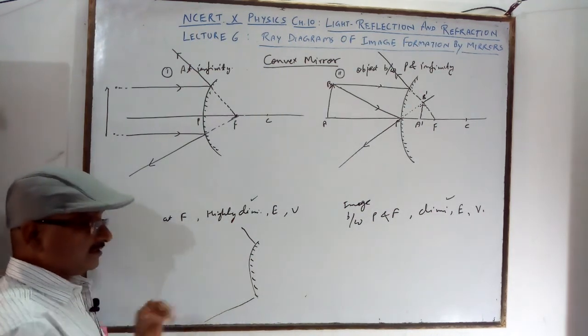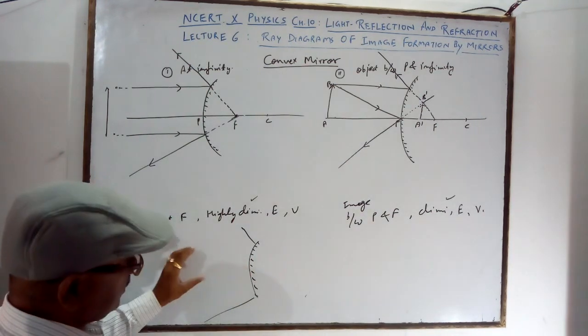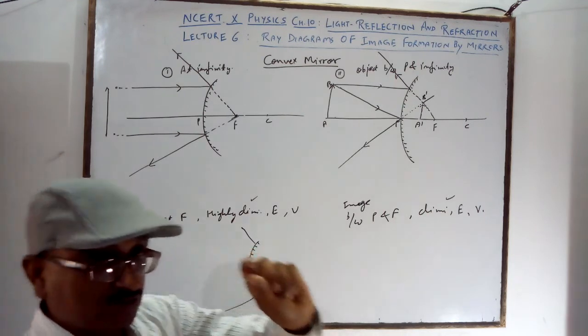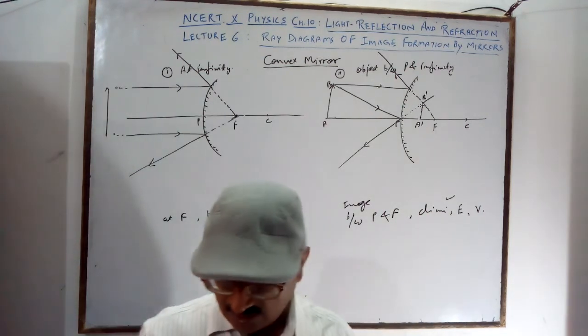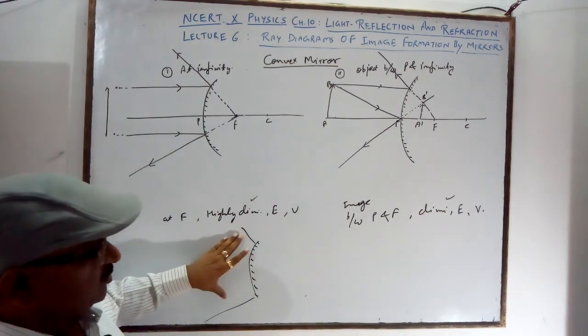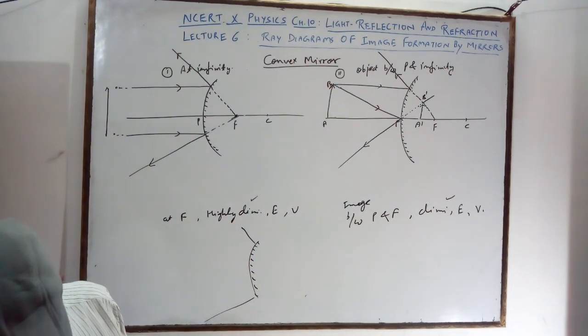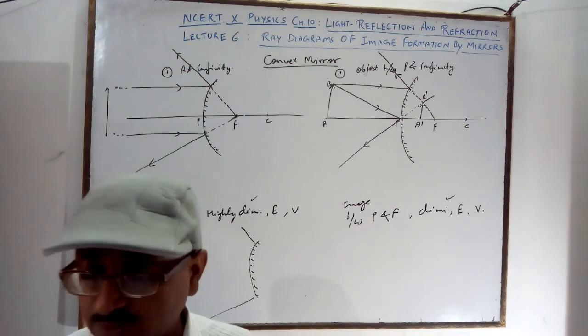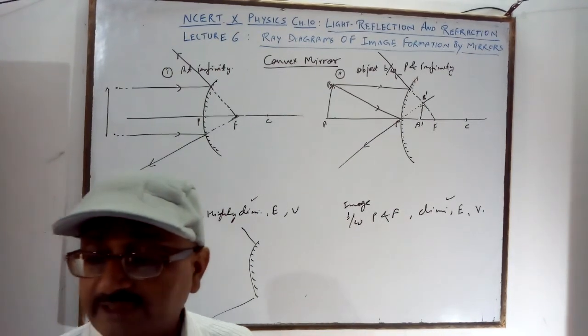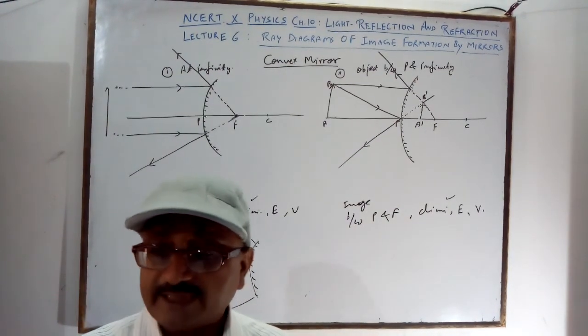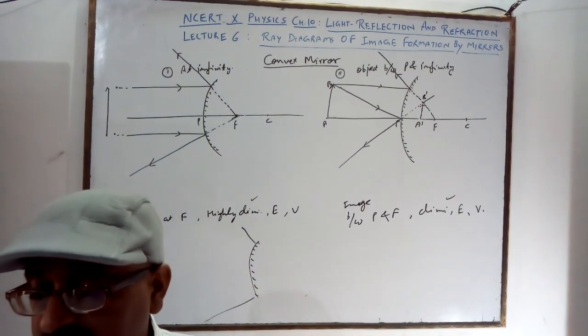So it has a wide range, and it is called a diverging mirror. It forms an image that is virtual, erect and small. So it is used as a side mirror or rear view mirror, and also in different ways. With a wider field, the driver can see the objects behind.